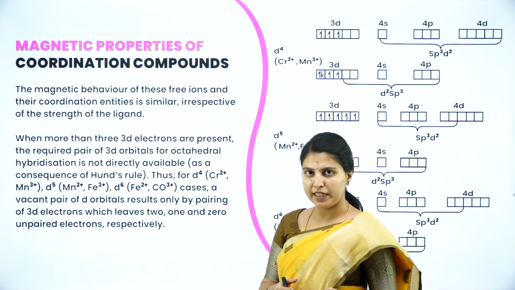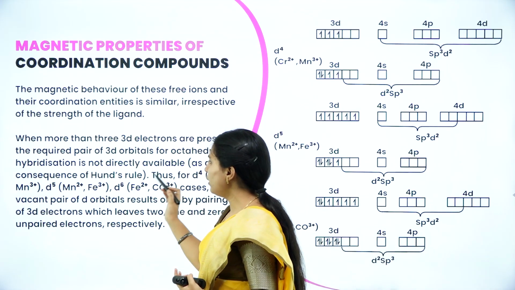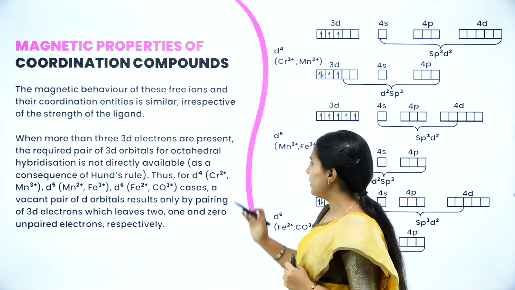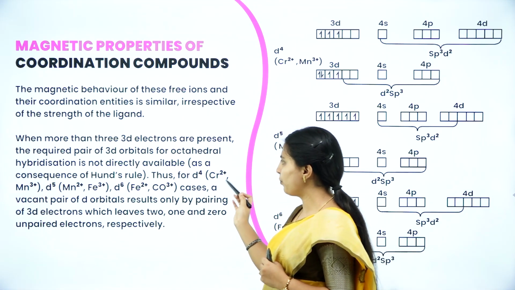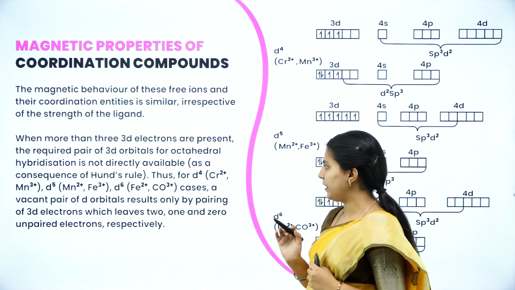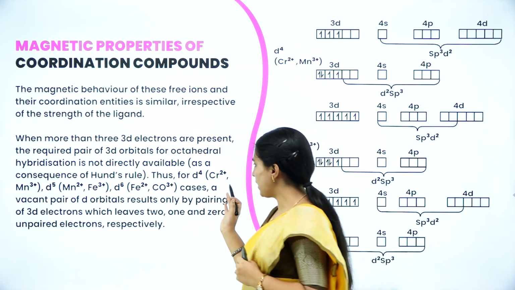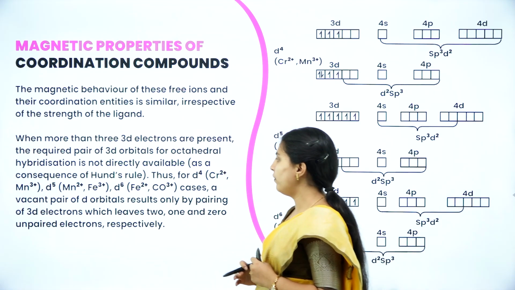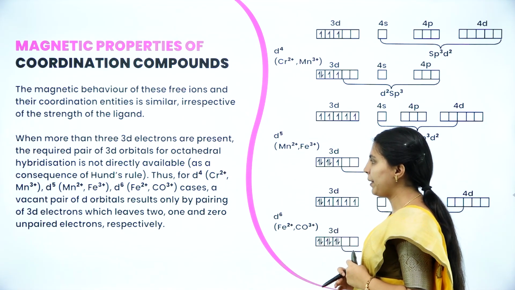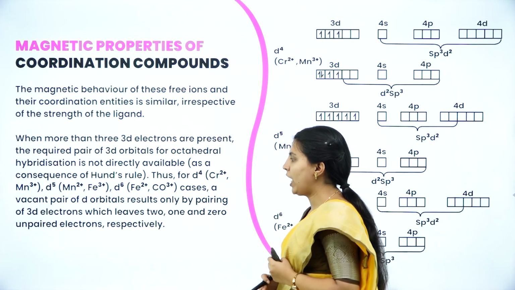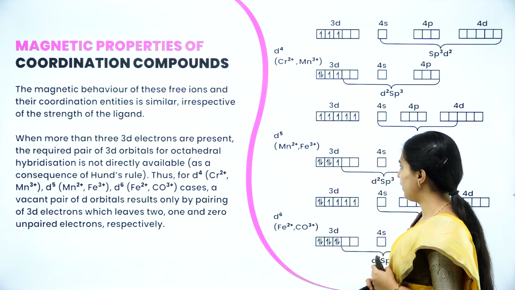Thus, for d4, d5, d6 cases like chromium, manganese and iron, and cobalt cases, a vacant pair of d orbitals results only by pairing of 3d electrons, which leaves 2, 1 and 0 unpaired electrons respectively.